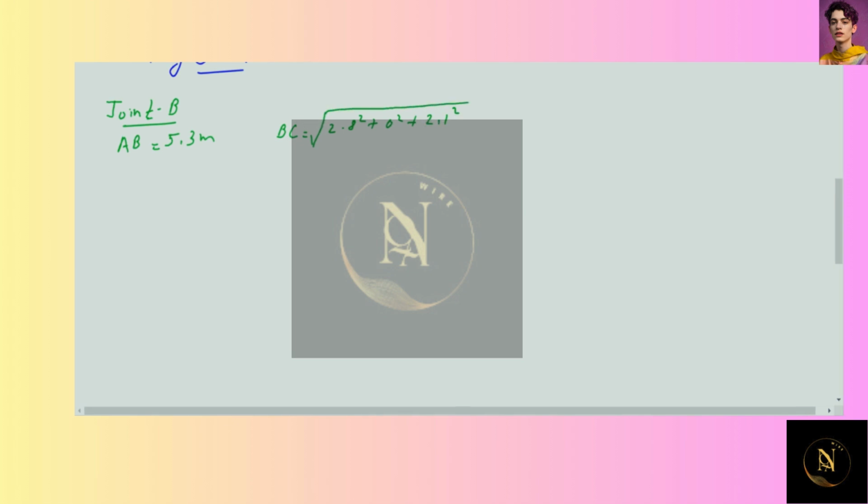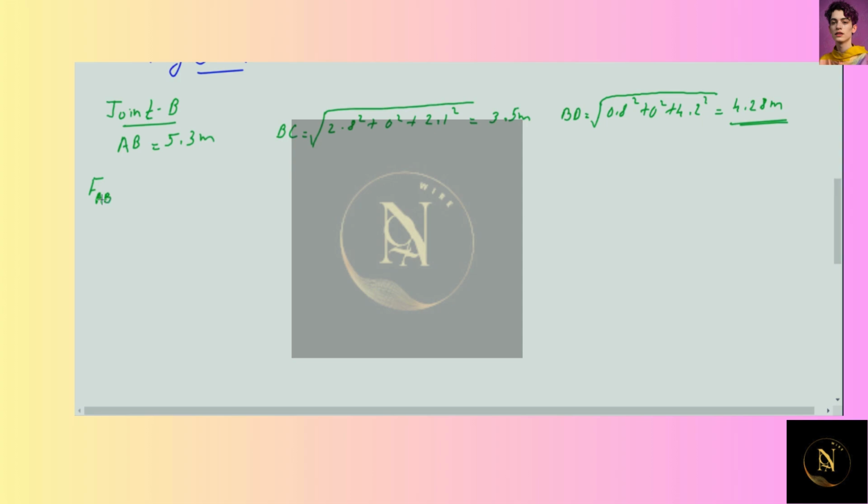Root of this value will be equal to 3.5 meter. And next is BD. BD will be equal to root of 0.8 meter square plus 0 square plus 4.2 meter square, which will be equal to 4.28 meter.